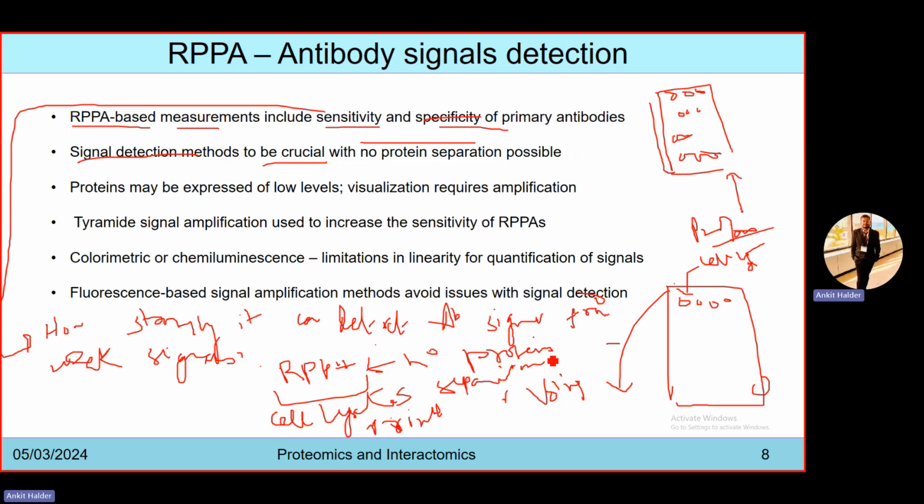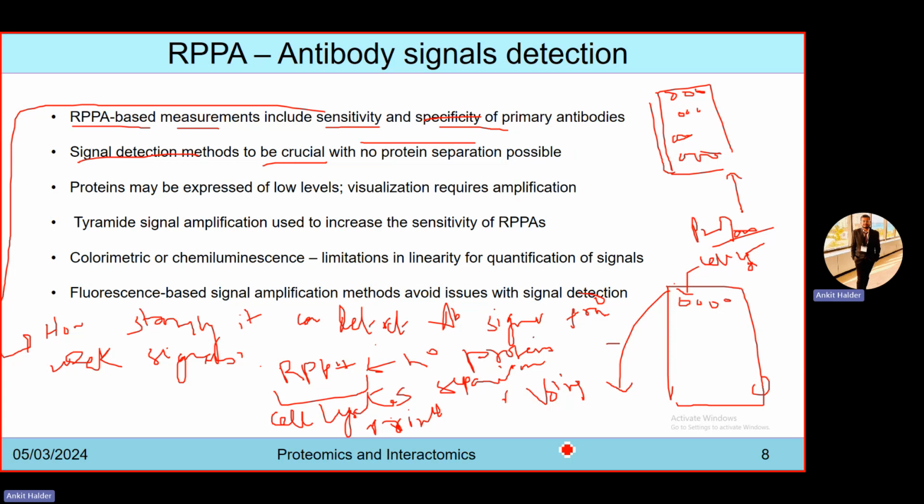It is not giving us any kind of protein separation to take forward. That's why it becomes very important and crucial to have a robust signal detection method in place, because we are detecting from the cell lysate, which doesn't have any particular level of expression.